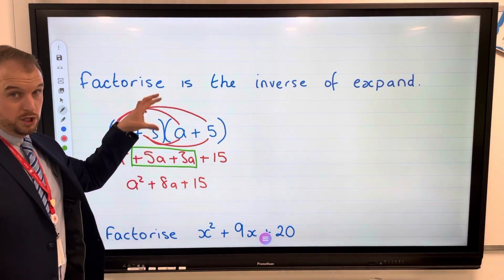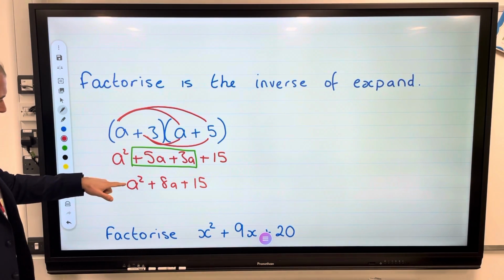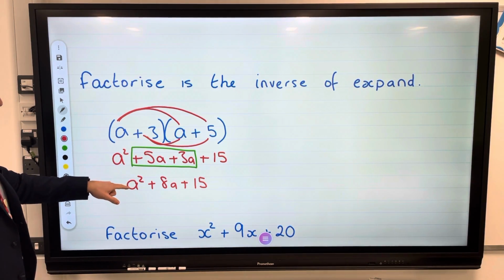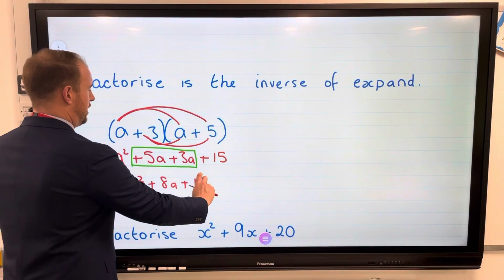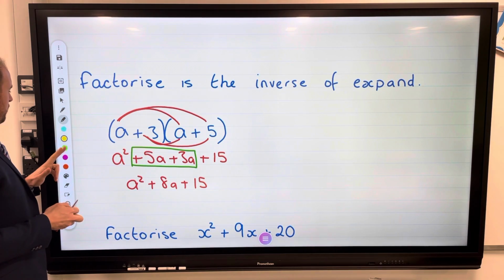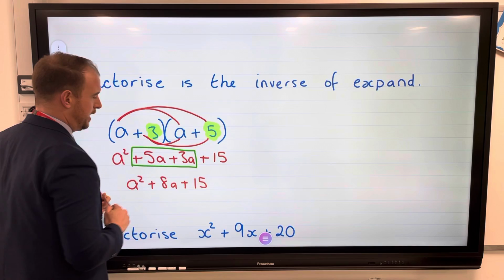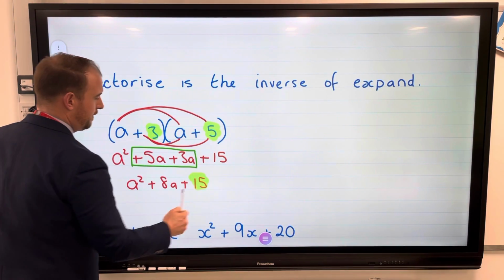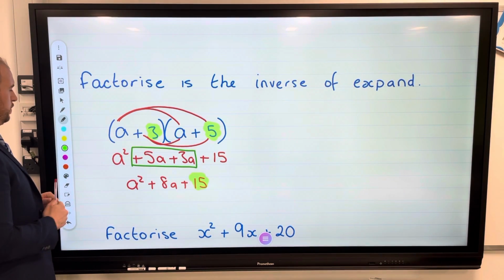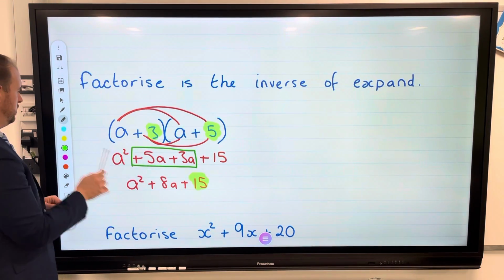Okay, please watch the video on this first before you have a go at factorising. So to factorise, we're going to have the expression and put it back into the brackets. Now the little clue I'm going to give you here is we have a 3 and a 5 to make 15, but also we have a 3 and a 5 to make 8.